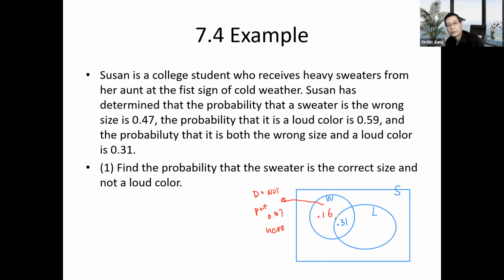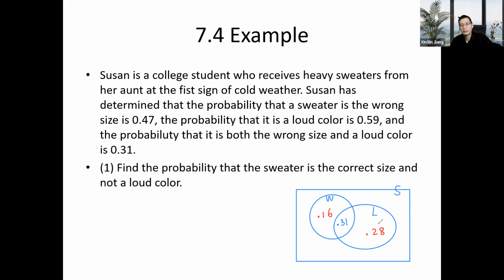The 0.16 is the probability that the sweater is only the wrong size, not a loud color. Similarly, for loud color only, 0.59 minus 0.31, so you have 0.28.